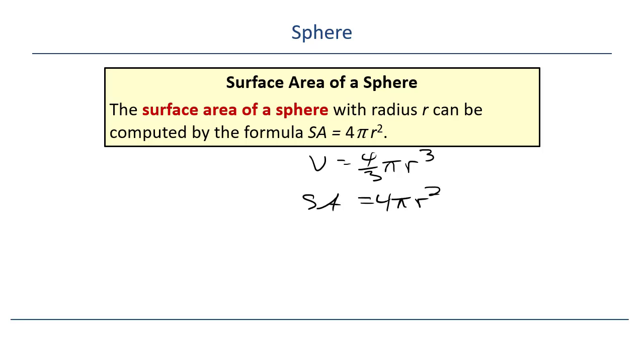And there's surface area. Now you might recall from my other video that the same thing goes with area, which is pi r squared, and circumference, which is 2 pi r. Take the derivative of this and you get 2 pi r.